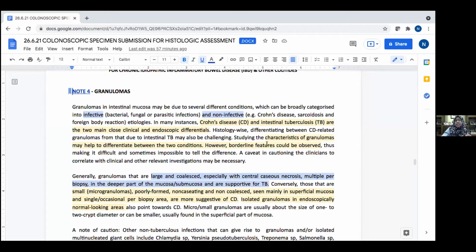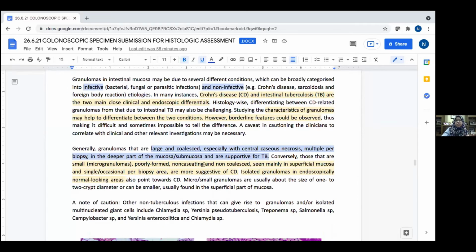And often it's not easy to decide because the granuloma characteristics are borderline between the two conditions. But if we try to stratify which features point towards CD or TB, sometimes, in correlation with the clinical presentation and the scope findings, we may be able to suggest the possibility of the underlying cause for the granuloma.